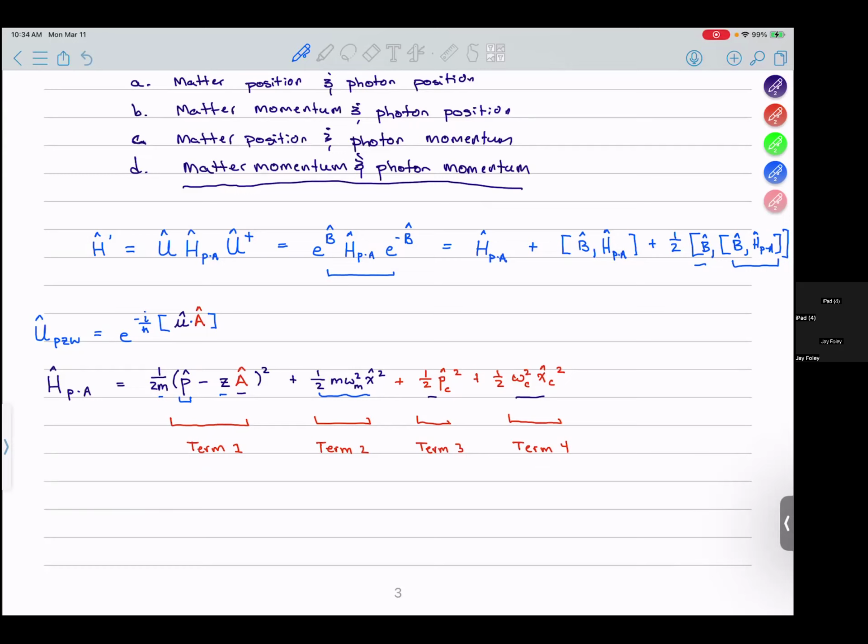So this term will be unaffected. Similarly, term 4 is just the photon position operator, and the PZW transformation has the photon position operator in it. And so those will commute with themselves, and so this will also not be affected.